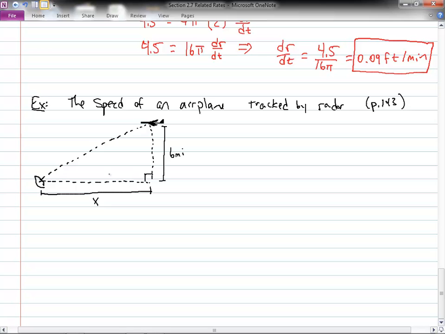So the velocity of this plane is going to be what quantity in this problem? The velocity. How would I write the velocity in mathematical notation? If X is this distance that it is away from the radar, then how do I write the velocity of that plane, other than just writing V?